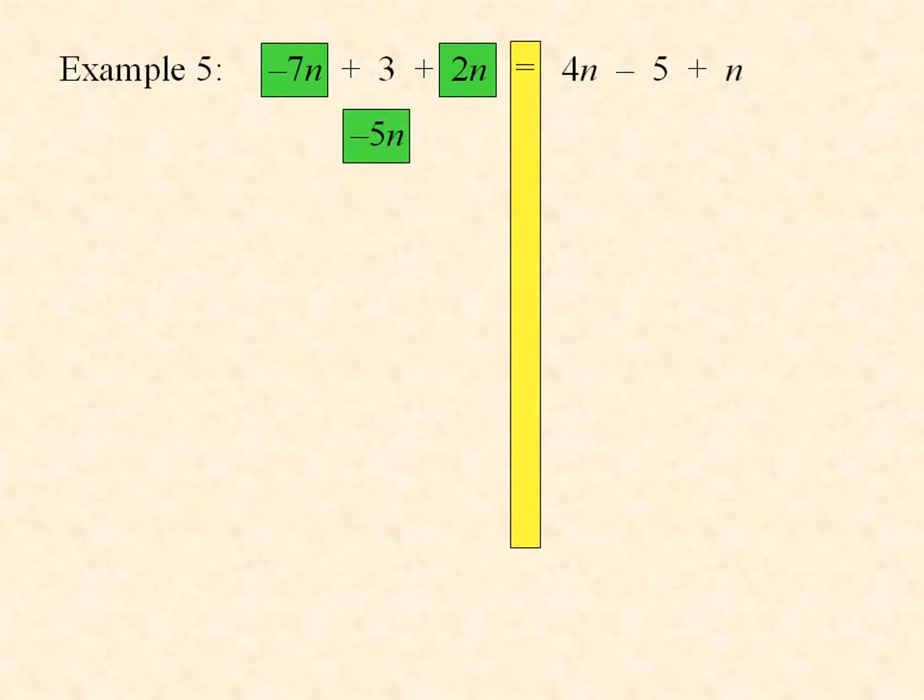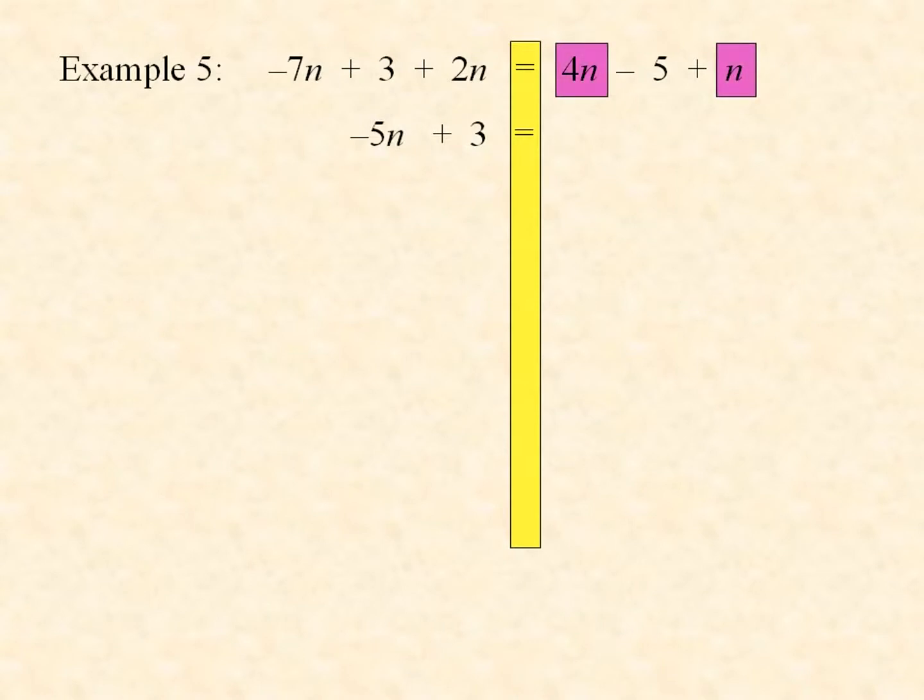They add to negative 5n. And we also have the plus 3 on the left, so we put that in. On the right, we have the like terms 4n and positive n. 4n and 1n add to 5n. And we also have minus 5 on the right-hand side.